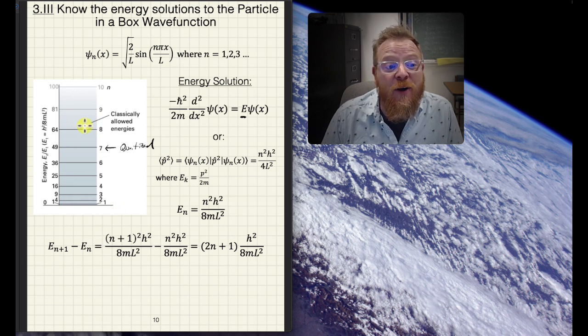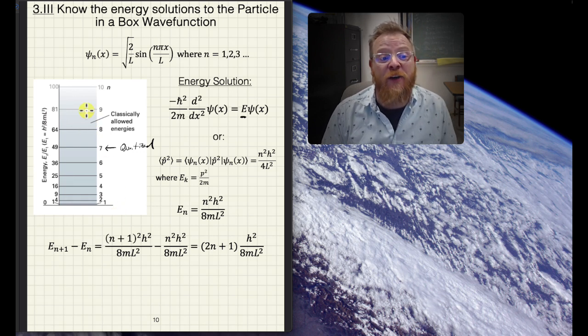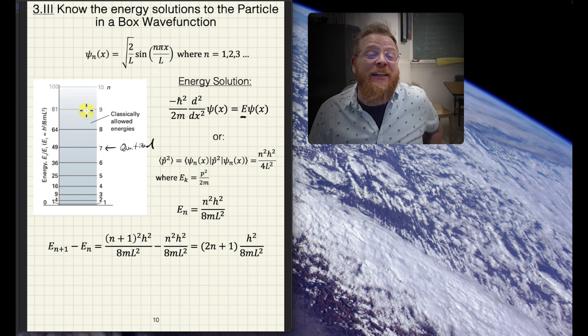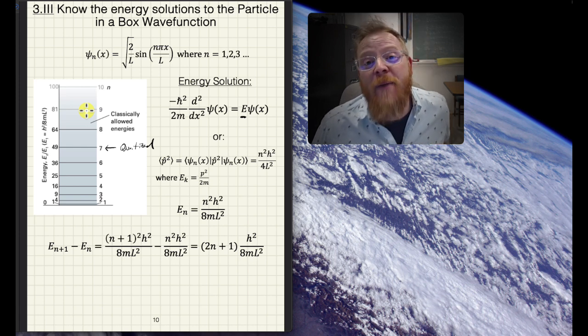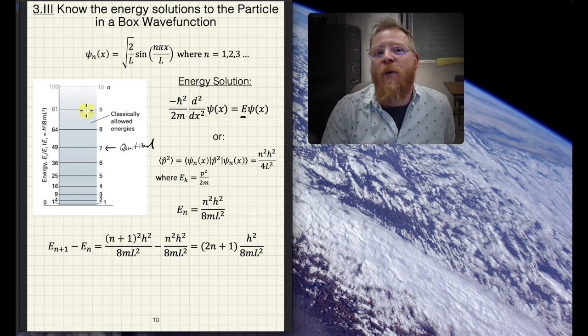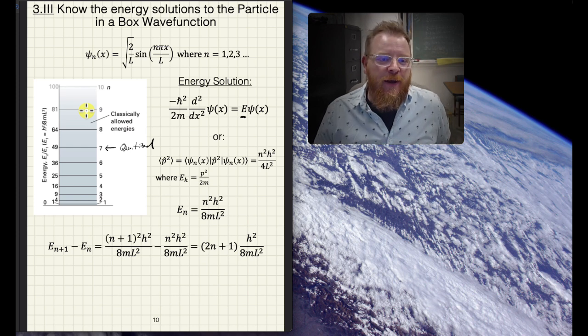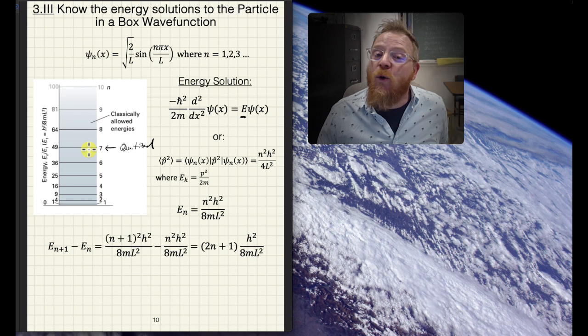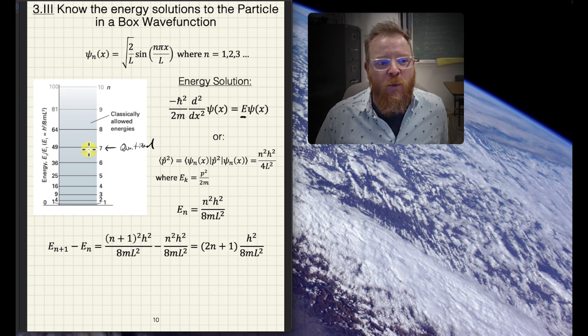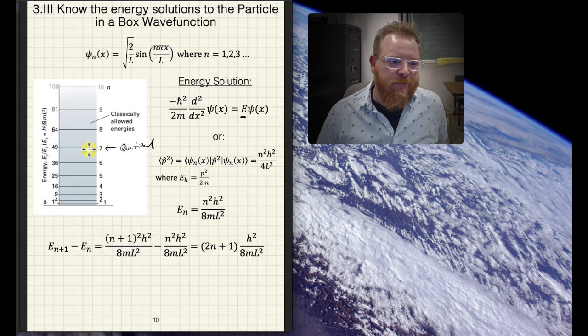The values in between, these shaded values, are those classically allowed values that we might expect from our ball bouncing back and forth in our box. Remember, we can only get these quantized solutions when describing objects of small mass and energy, like an electron.